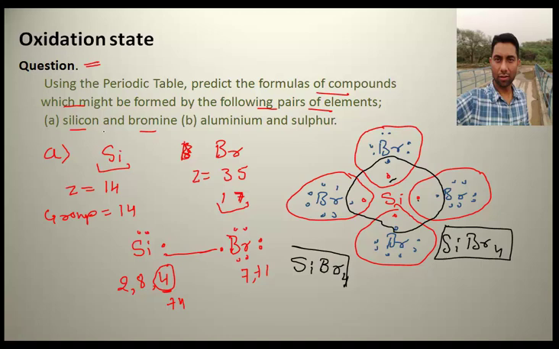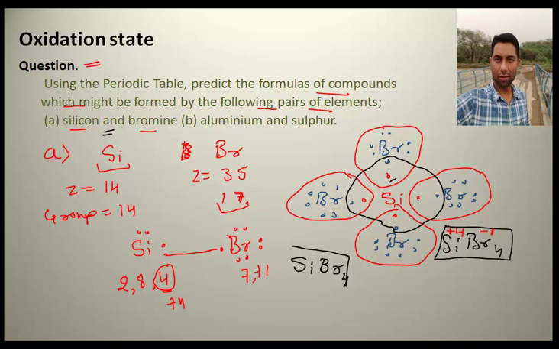Okay. Now if you are to find the oxidation state in SiBr4, what will be the oxidation state of silicon? Silicon will have +4, because silicon is less electronegative, right? Whereas bromine is more electronegative. How many bromine atoms are there to equate this 4? So there will be -1.